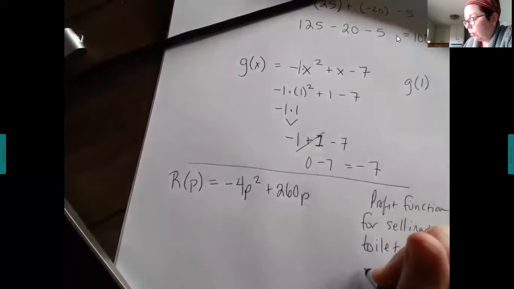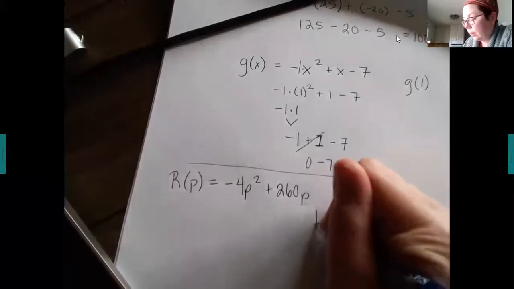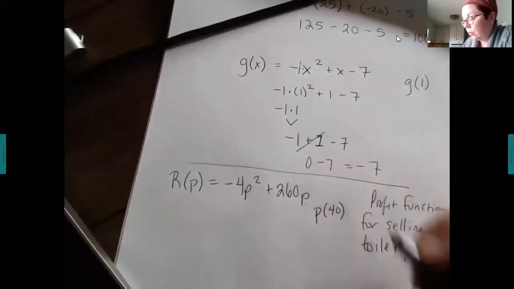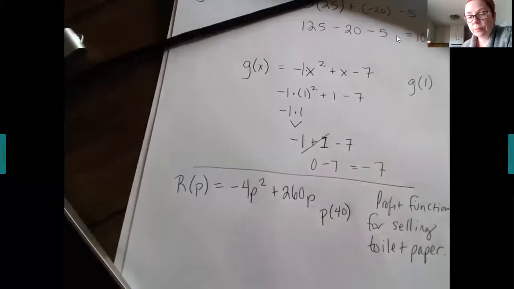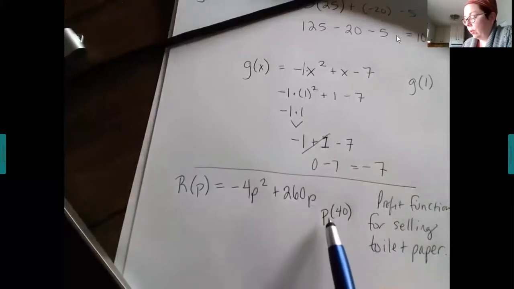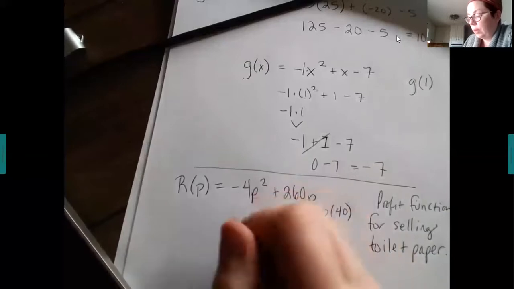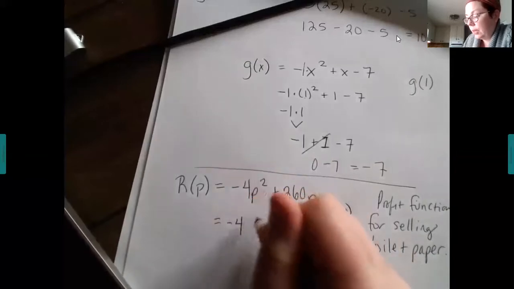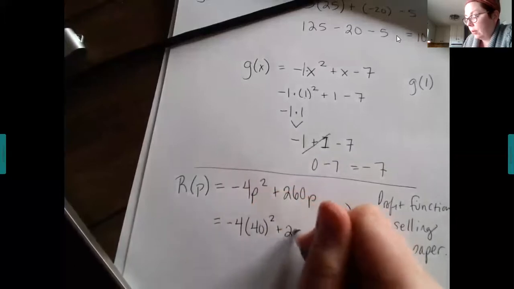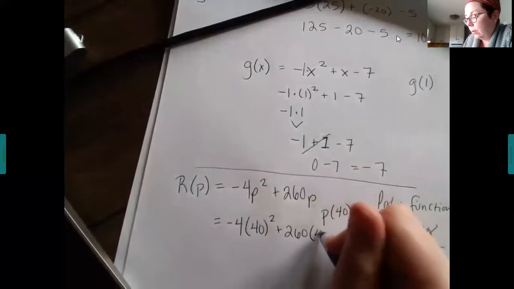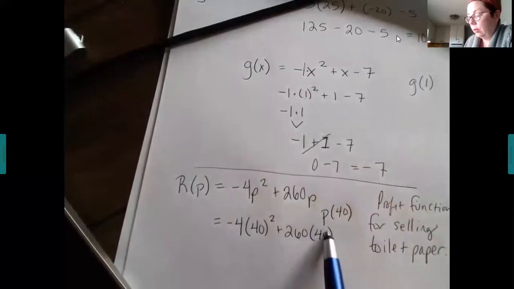So if we're going to replace this P with, let's say, $40, okay? So if we want the cost to be 40, that means we're going to replace this P with 40 and that P with 40.